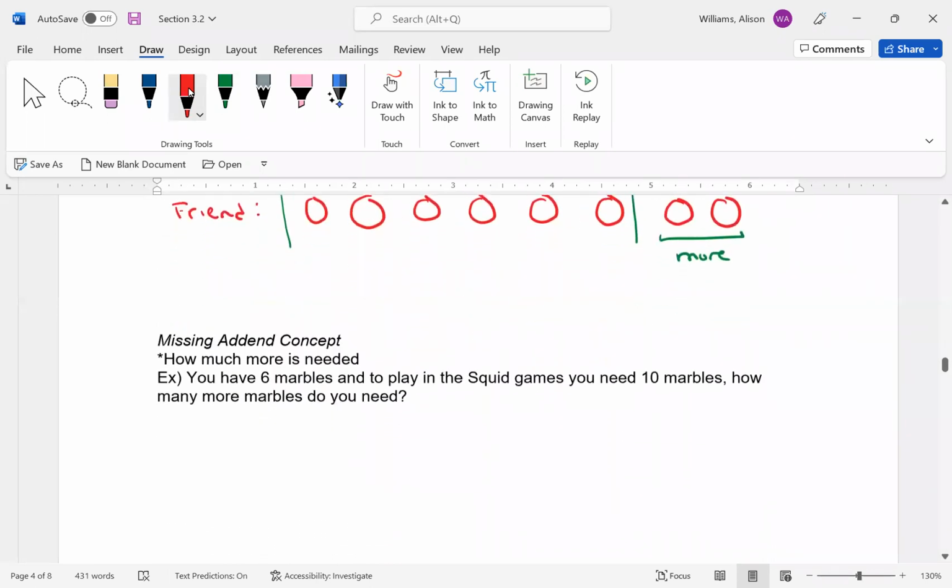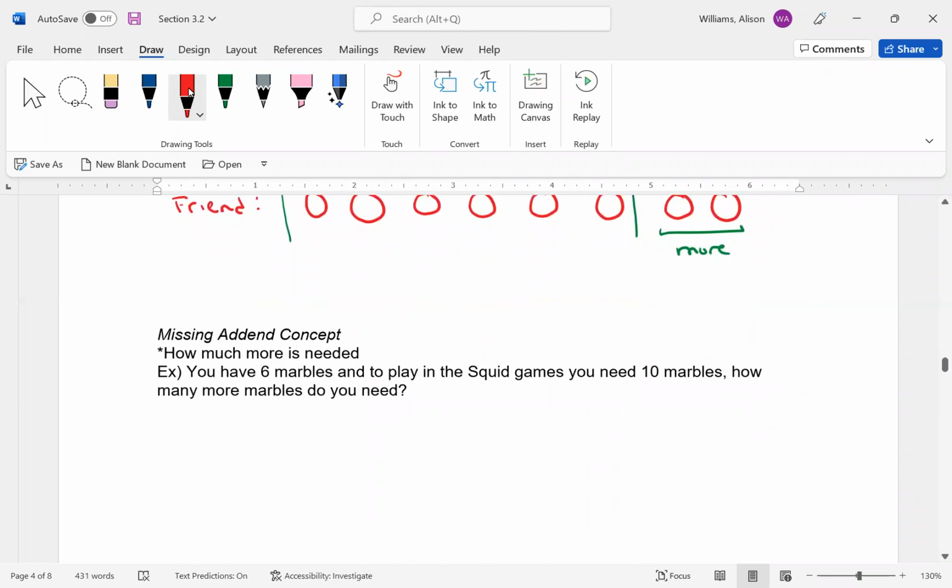Missing addend. This is the idea that we need to figure out how much more needs to be added. Let's say you have 6 marbles, and to play in the Squid Games, you need 10 marbles. Squid Games, get it? How many more marbles do you need?